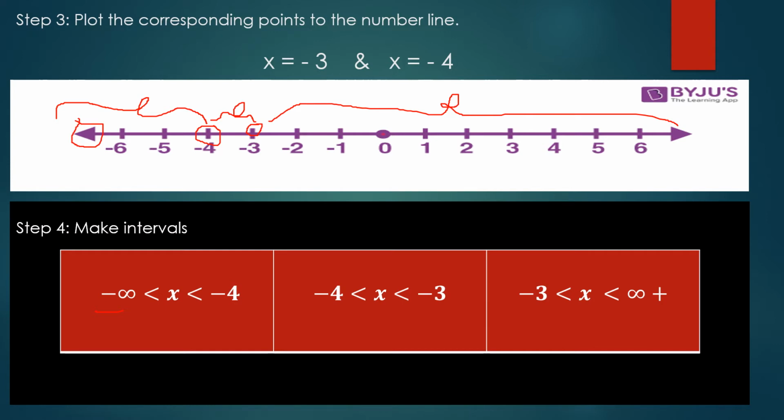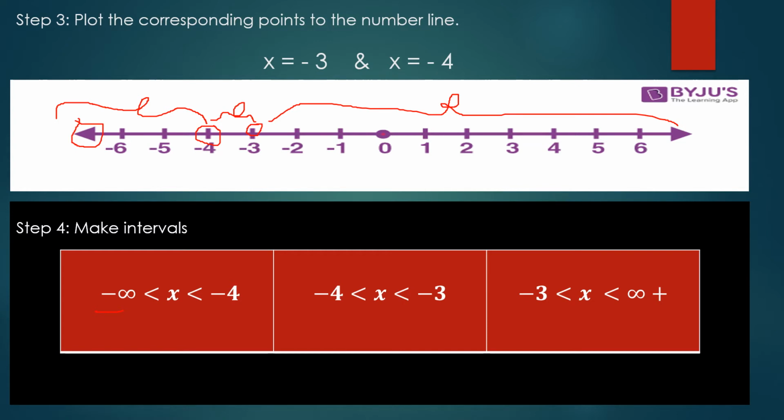So, yung intervals niyan, all negative numbers are less than the value of x. Tapos, yung value naman ng x natin is also mas maliit kaysa sa negative 4. So, ano ba yung mga value ng maliit kaysa sa negative 4, sa negative 5, and so on. So, pataas at to negative infinity.